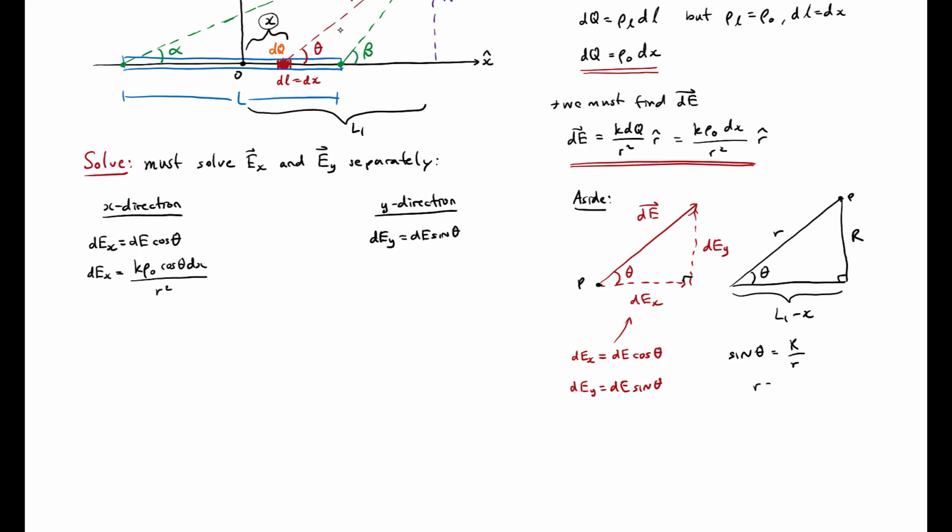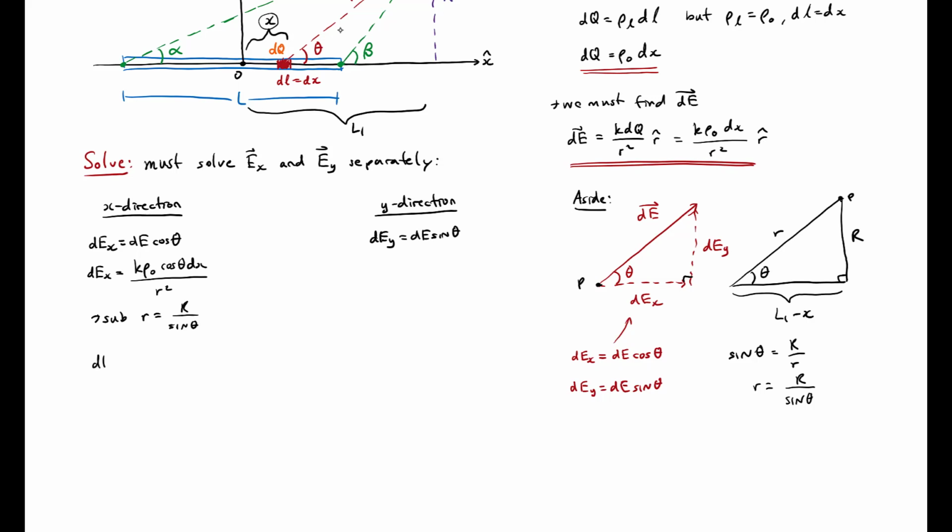So little r is equal to capital R over sine of theta. So can I not replace little r here with capital R over sine theta, squared? So why don't we do that? Let's sub r equals capital R over sine theta. At least it gives me another theta and gets rid of the little r.